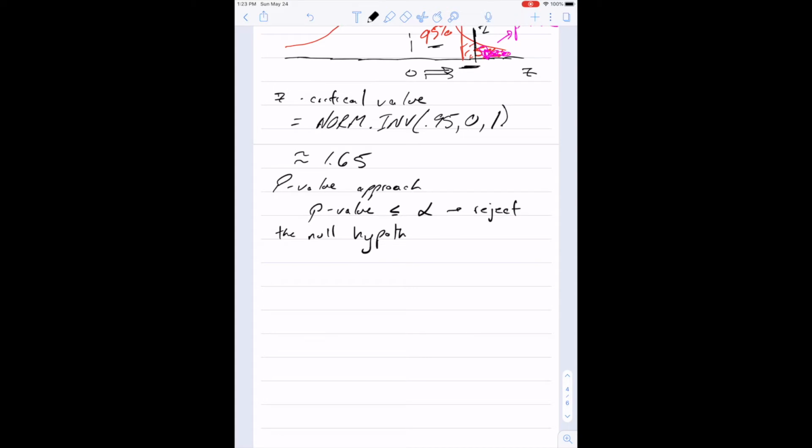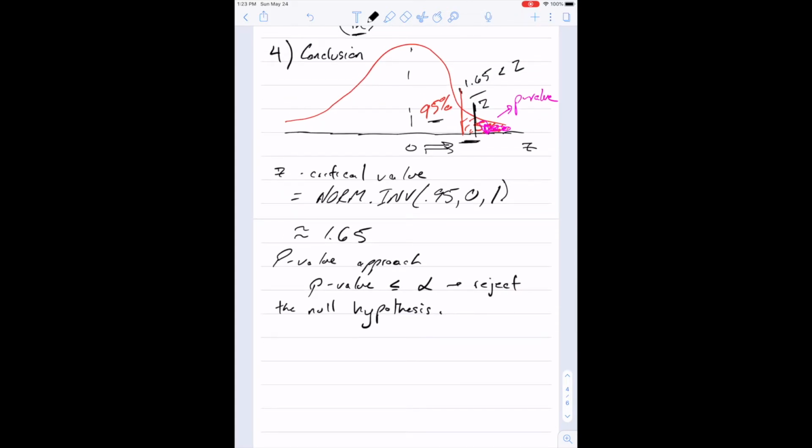So the only difference from the critical value approach is that on the critical value approach, I'm comparing this number, 1.65, to this number, 2, and saying, well, 2 is farther away from the null hypothesis than 1.65, which is like my cutoff point, so I reject the null hypothesis.